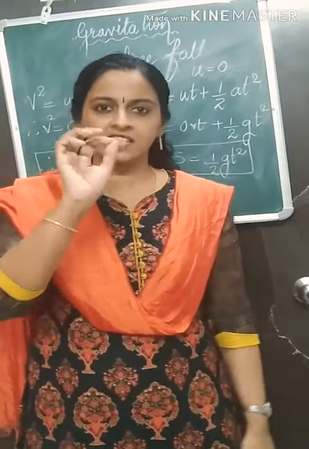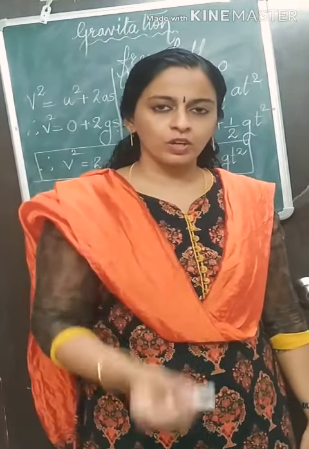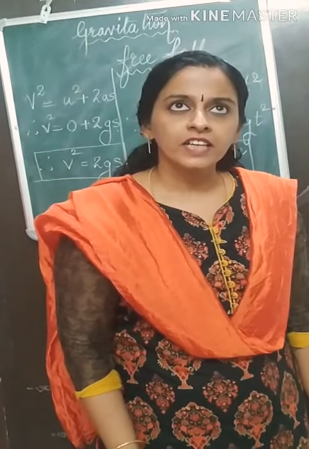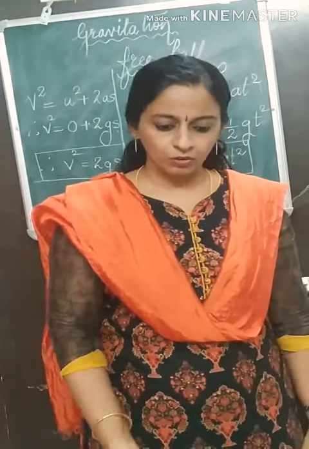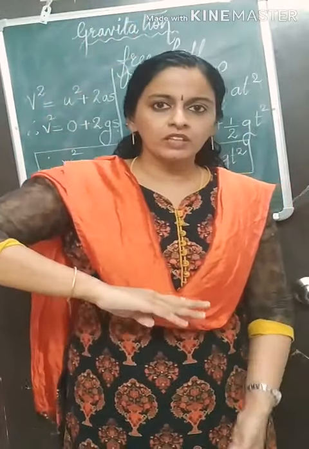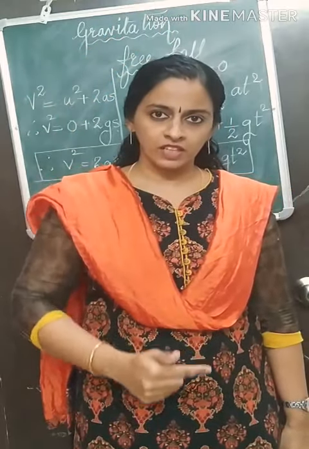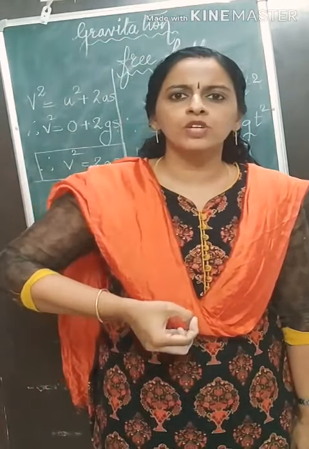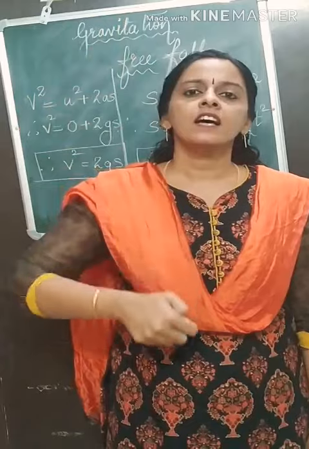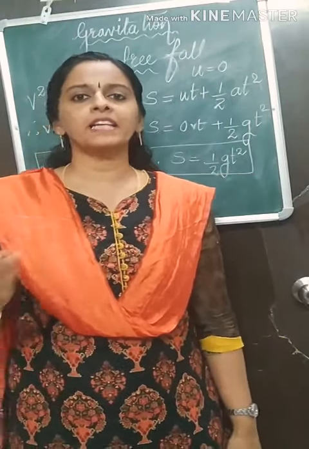Now the last thing. When I throw an object vertically upwards, at that time I am doing work against gravity. Gravity's direction is vertically downward. When I throw an object in vertically upward direction, you will write the acceleration to be minus g.